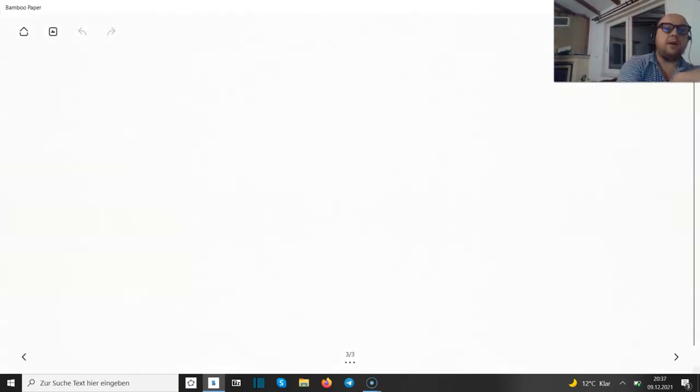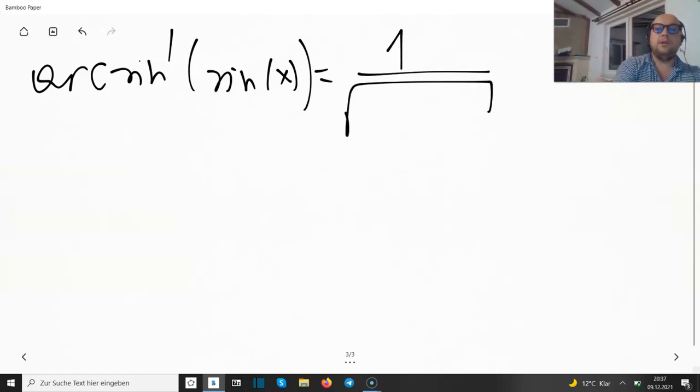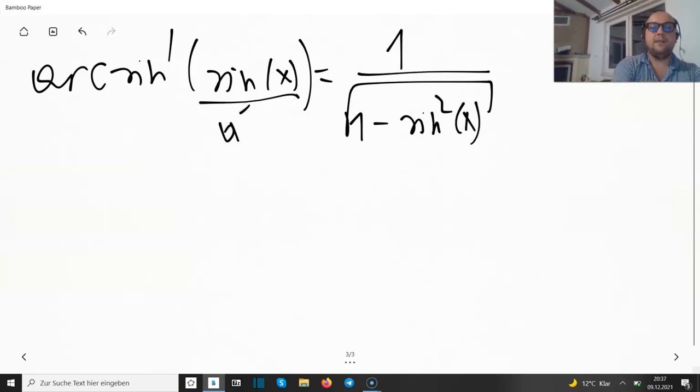Okay, so I have arcsine prime of sine of x is just equal to 1 divided over square root of 1 minus sine squared of x. Well, that's nice, because if you substitute it by a, we got the formula. Or maybe a is not good with arcsine. Let's substitute it by z.